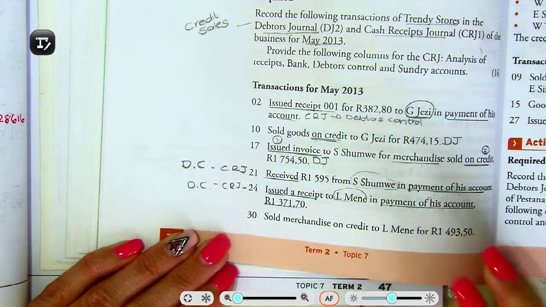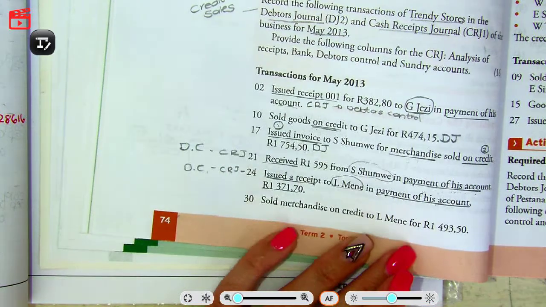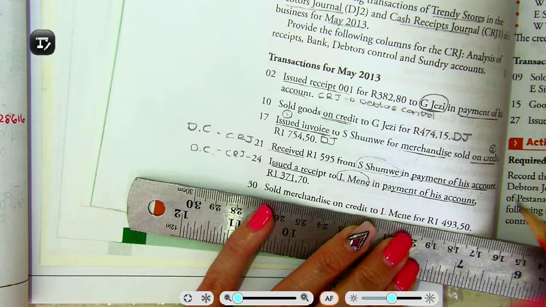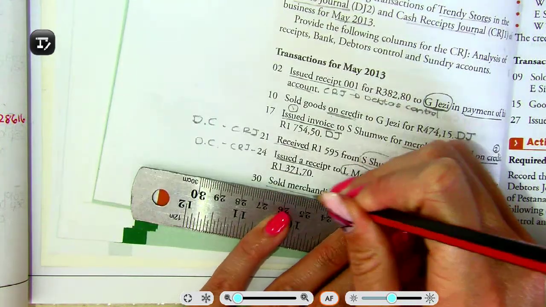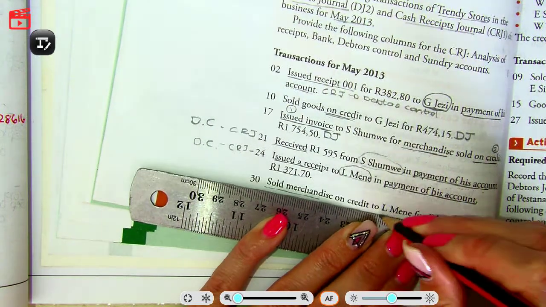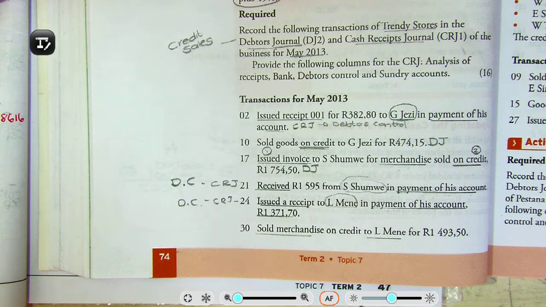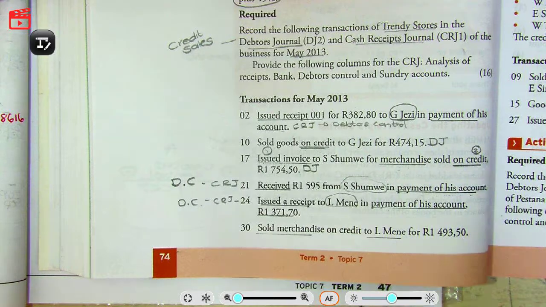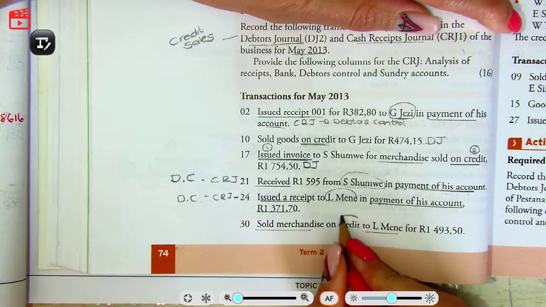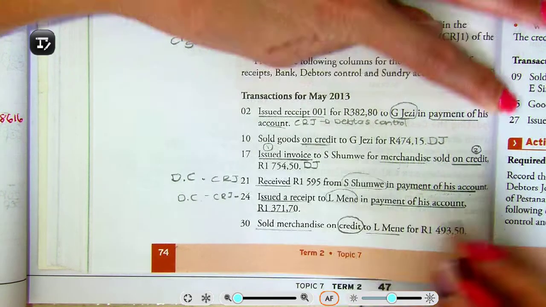Then on the 30th, we sold merchandise, sold trading stock on credit to Al-Manay. Which journal is that going to? We made credit sales. It says that we sold trading stock on credit, so this is going to my debtors journal.